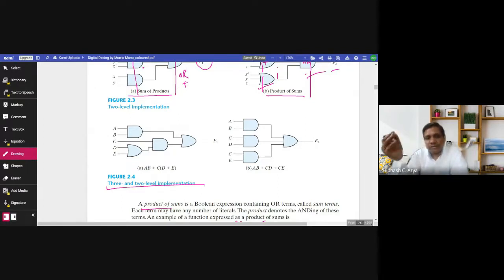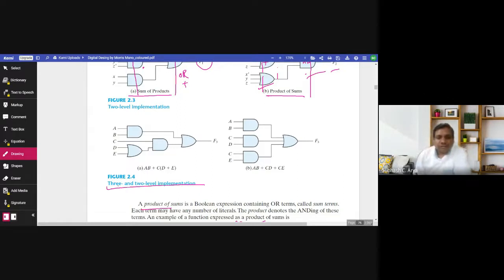The more levels, the more time it will take, so the device is slower, or its computing speed will be lesser compared to an implementation with fewer levels. That is why we are learning this. So two level implementation is preferred over three level implementation wherever it is possible.